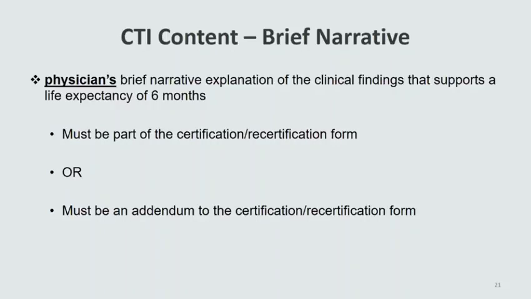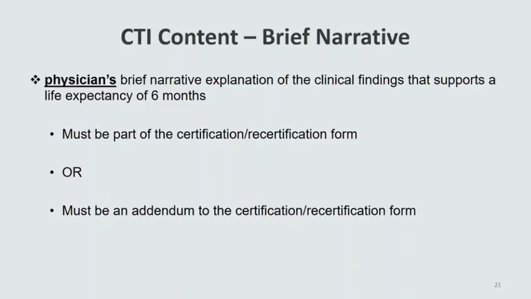If you have a document called your CTI that is 1 page, that physician's narrative needs to be on that 1-page form as identified on that page. It should state physician's narrative. Most of the EMRs print it out that way, and then there's a box or some lines for the physician to write.